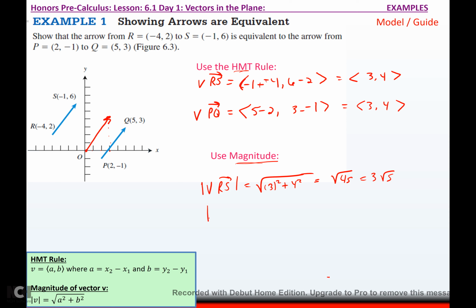And then if I did the magnitude of vector PQ, I'd have the square root of 3 squared plus 4 squared, which is the square root of 45. It'd be 9 plus 16 is 25. They have the same length also. Okay?